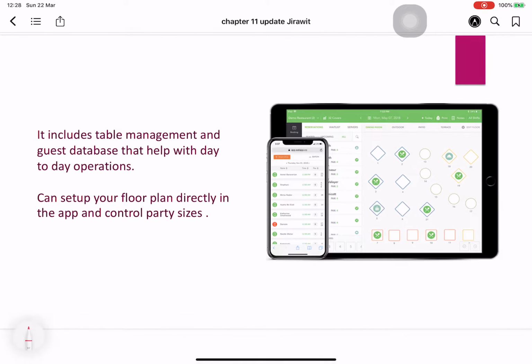And this is a mobile application related to point of sale, including table management and a guest database to help the operation. You can set up your flow and plan directly in the application, so you can see where the station is.